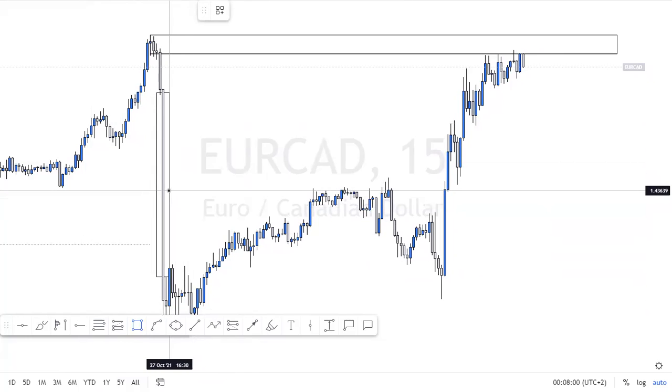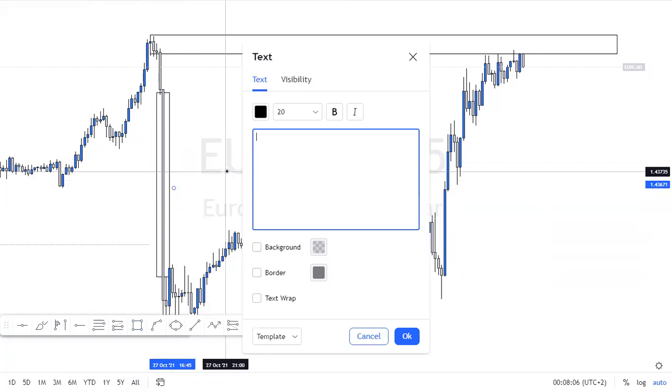We can take this thing as inefficiency in price action. Inefficiency, not imbalance, because inefficiency works in a different way.